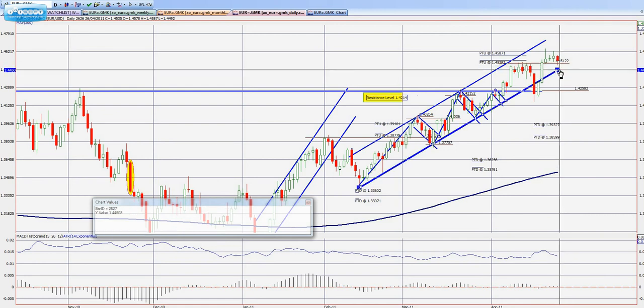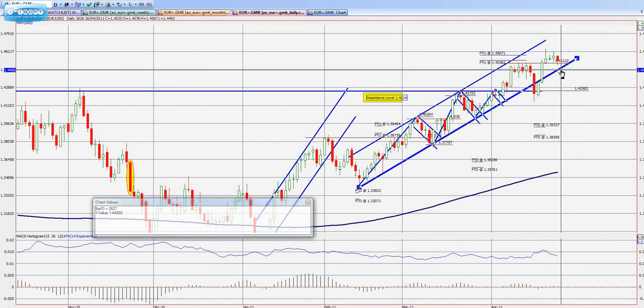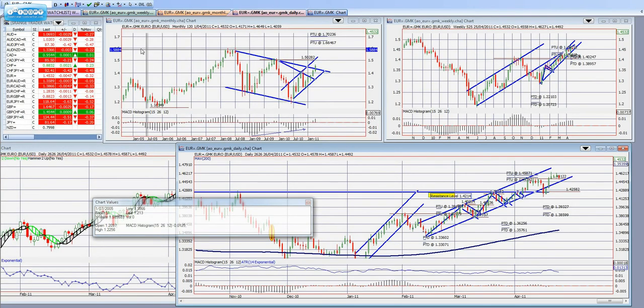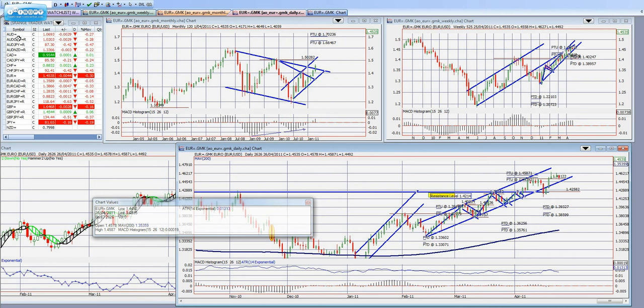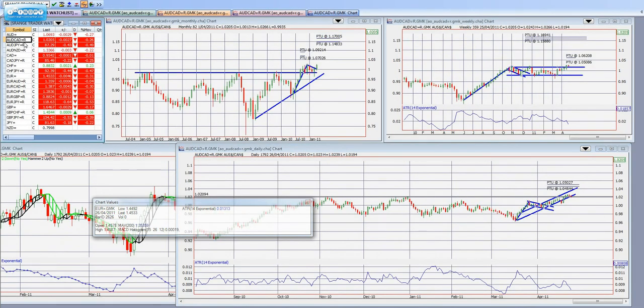But either way, it could still support itself on this level here, which is the 144.50. And if it breaks through that, then we do have a downwards target. But considering that the US dollar is going to break to the downside, we'll probably have another push up, to be honest with you. So let's go to the Australian, US dollar Australian.